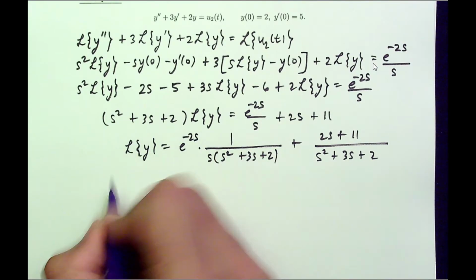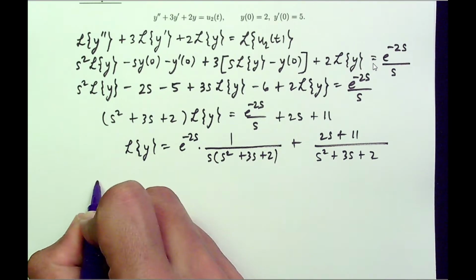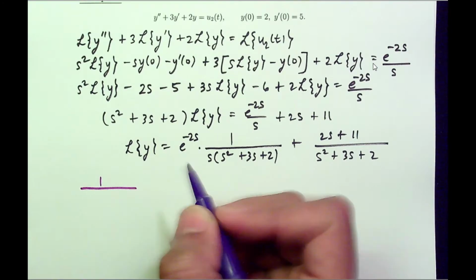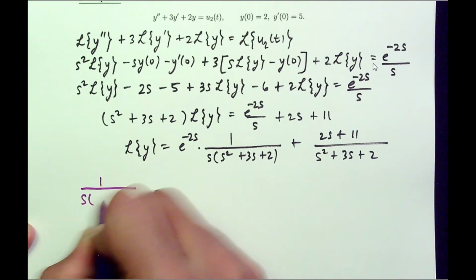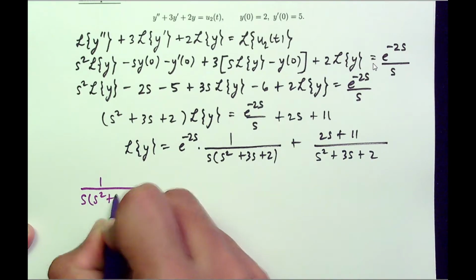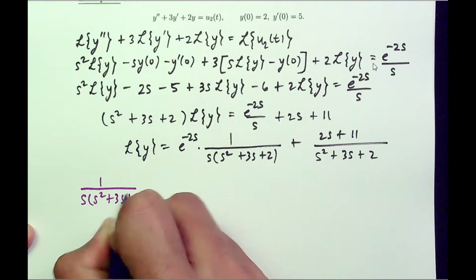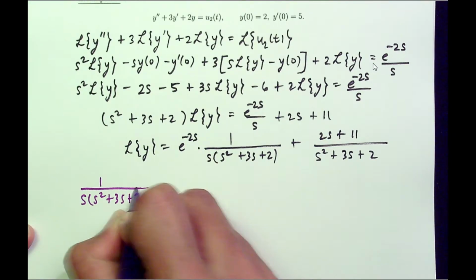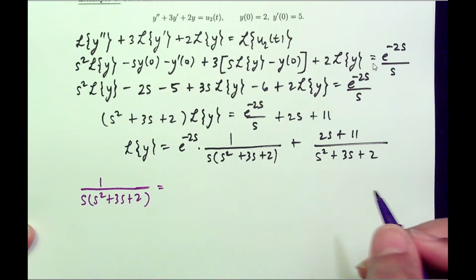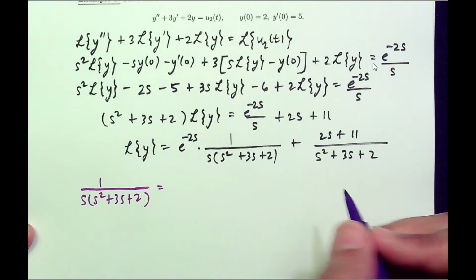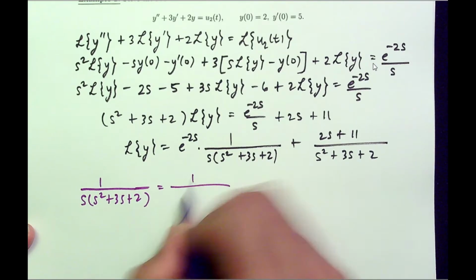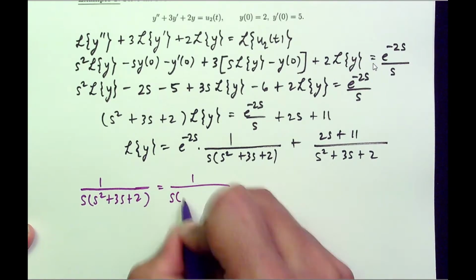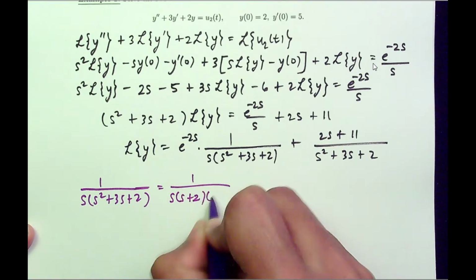So let's see, this is 1 over s squared plus 3s plus 2. Well, this factors as 1 over s, that factors easily as s plus 2, s plus 1.